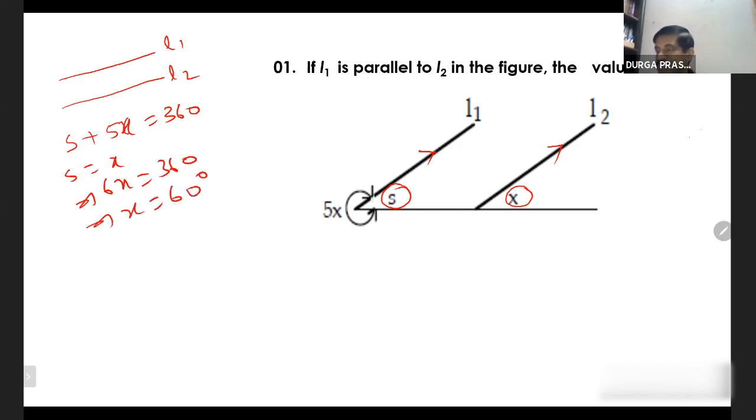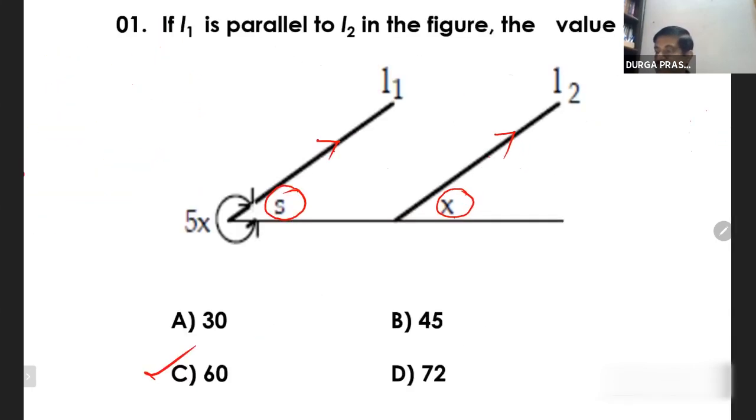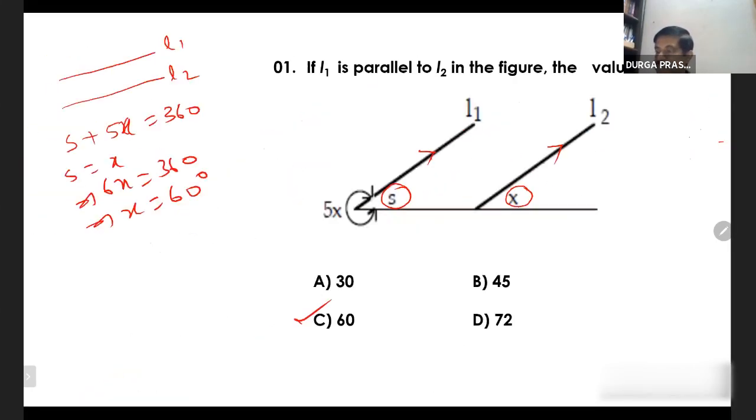So what is it he asked? What is the value of X? So it is option C, which is 60 degrees. Please note it fast. As these two are parallel, these X and S should be equal. So let us go to the next question.